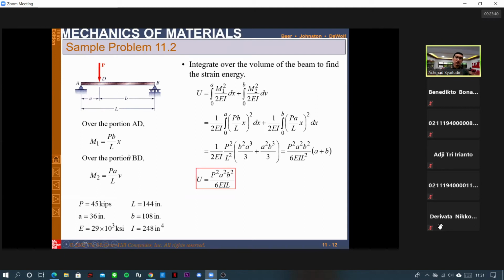There are two moments, M1 and M2. M1 is over the portion AD and M2 over the portion BD. You can see here.